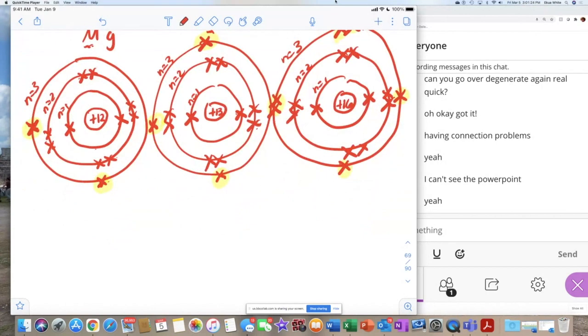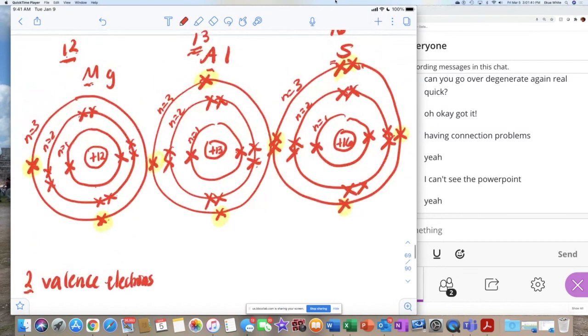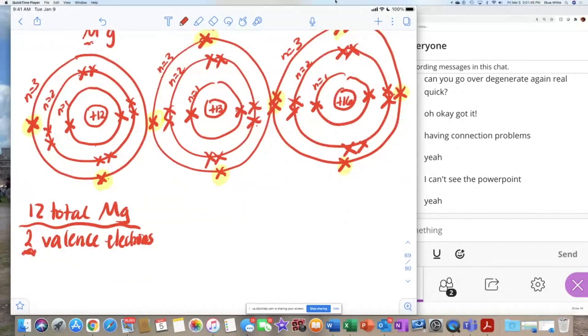So let's see. We have 2 valence electrons from magnesium, right? How many inner electrons do we have? We just said 10, right? I literally just said 10, right? So 2 out of the 12. So remember, we had 12 total electrons from magnesium, right? 2 of the 12 are valence electrons.